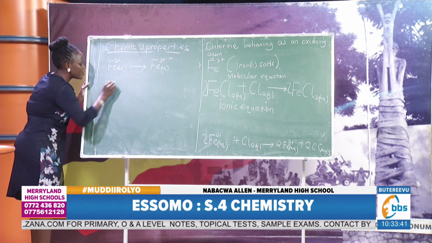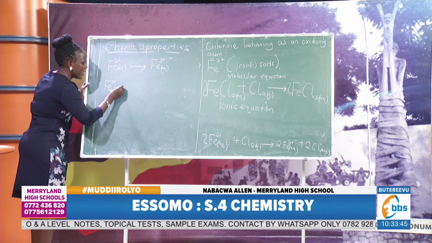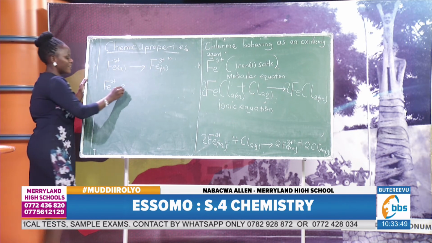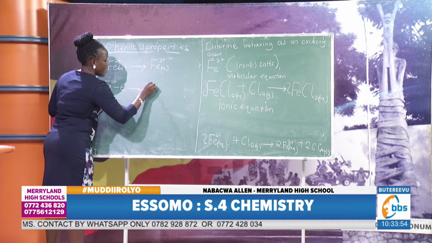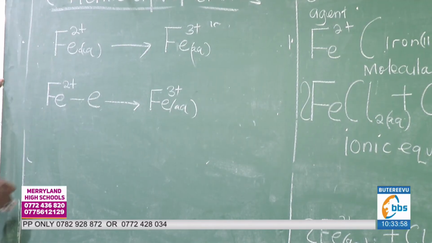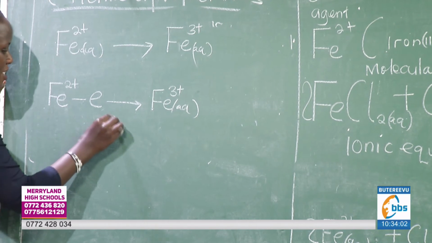We have iron 2, but since iron 2 is being oxidized by chlorine, here we are going to talk in terms of what? Electrons, minus an electron, giving us what? Iron 3. Remember, the total charge here and the total charge here must be the same. So how will this equation be written?